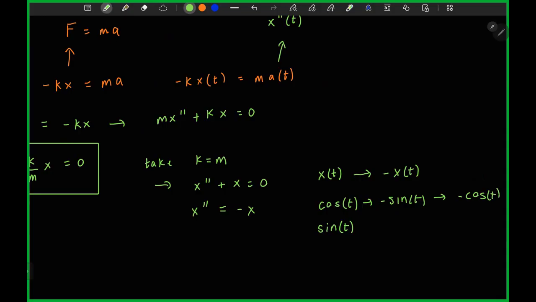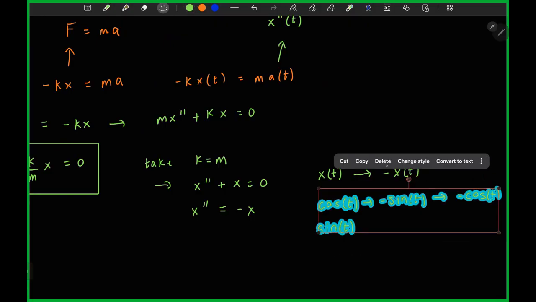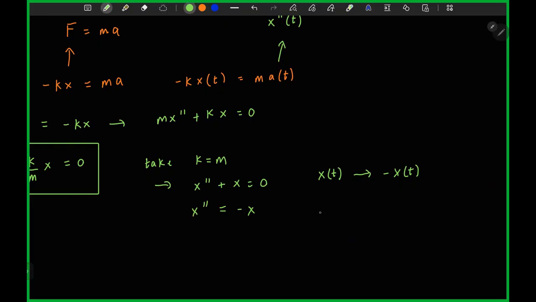And we have the exact same result for sine of t. Moreover, you should hopefully see that this is true not only for cosine of t, but A cosine of t plus phi. The amplitude and the phase constant make no difference. It satisfies the equation x double prime is equal to negative x.